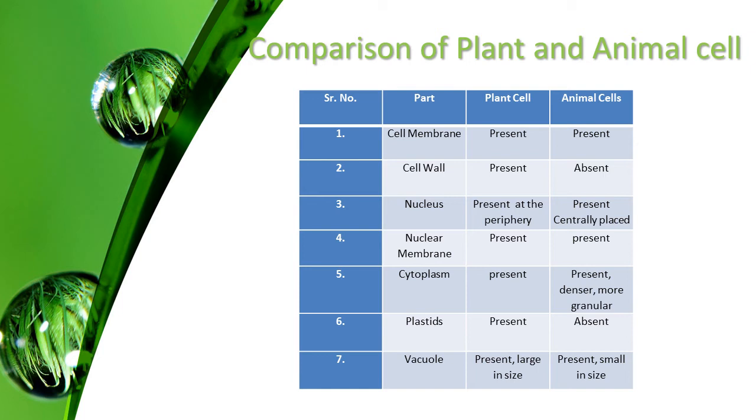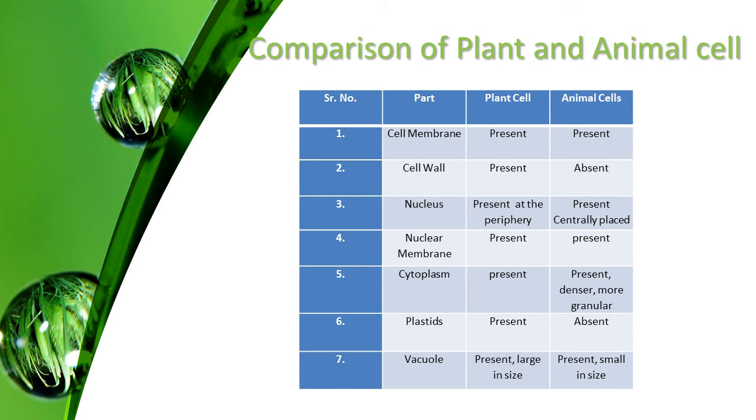We have discussed before, they normally occupy 90% of the cell, right? And in animal cells, they are few in number and their size is also very small. Generally, in plant cells, only one large vacuole is present, and in animal cells, there are a few, meaning 3 to 4 maximum, vacuoles and they are small in size.